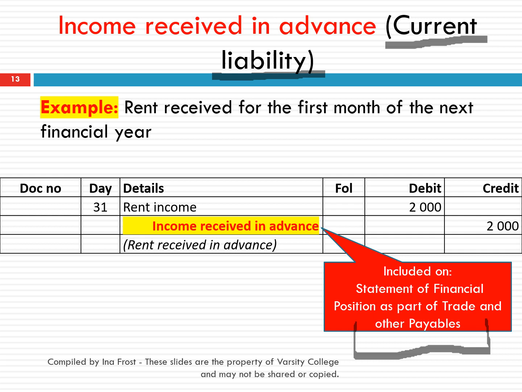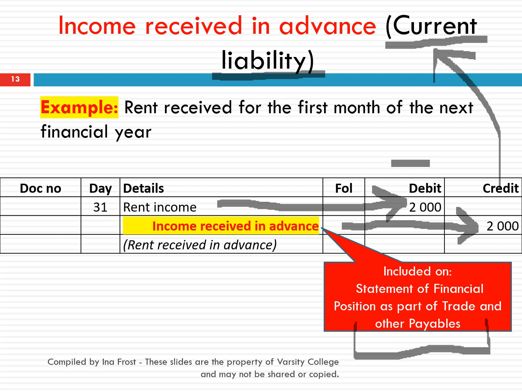The entry that we will process this time around, we will debit the income account. Because remember again, a debit on the income account is the same as saying minus, because we want to subtract this amount from the income because it actually pertains to the next financial year. And then we're going to credit this account that we call income received in advance. So that is our current liability account.